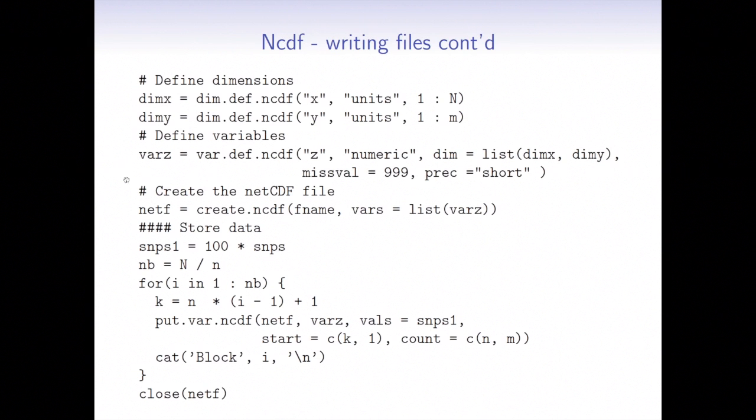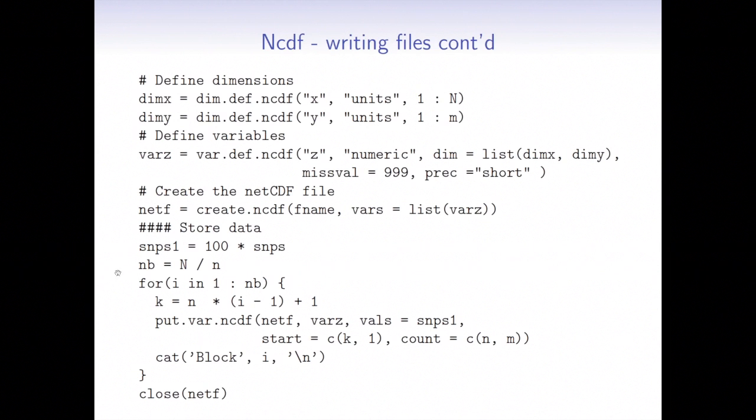And we can here multiply our SNPs by 100 and save them as short precision number. And after analysis has been done, we just divide our betas by 100 and we don't lose any precision. Here I create my object with the specified variables.